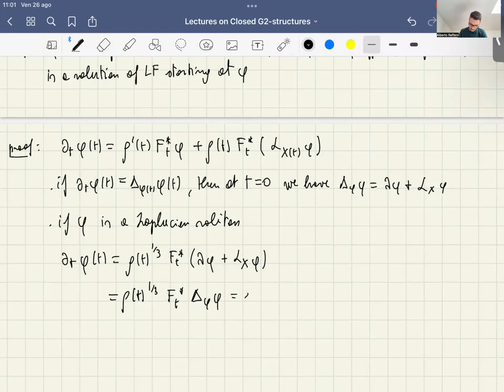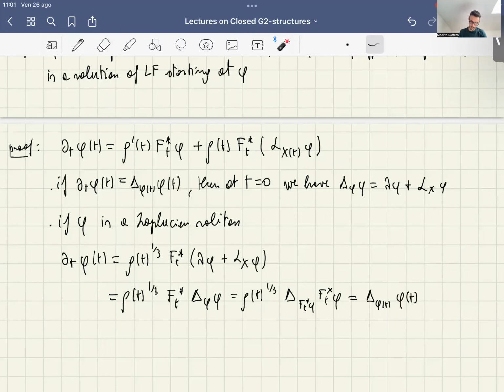But then this is rho t to the 1/3 times the Laplacian of the pullback of phi by F_t, and then it follows from the behavior of the Hodge dual operator with respect to the scaling of the metric that this quantity is precisely equal to the Laplacian of phi t with respect to the metric it induces.